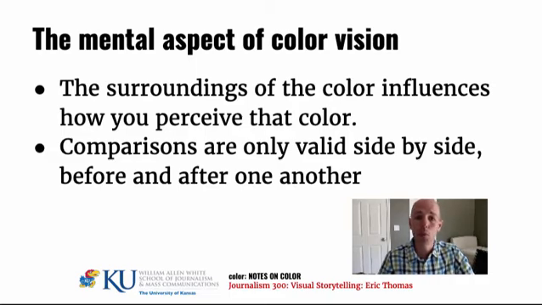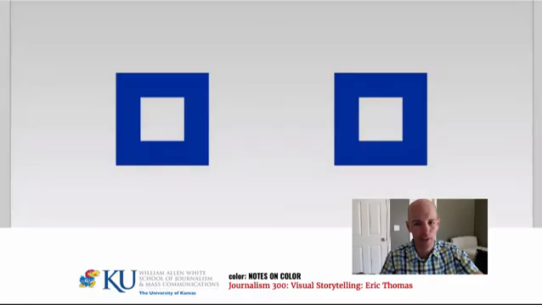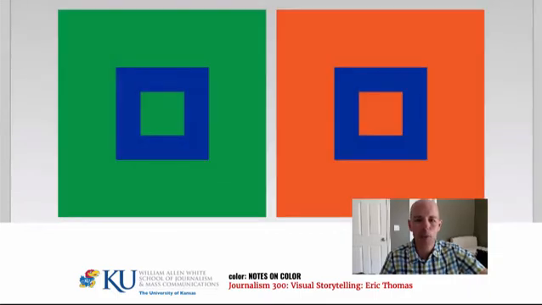Some of these can be really stark shifts, as we'll talk about in another lecture here, right? So when we're going to try to compare blues, we need to compare them side by side right after one another if we want to know that we're making a valid comparison, right? So if we look at these two squares of blue, we are going to see, yes, those are absolutely positively the same blue. There's no doubt about that, right? But when we take those exact same blues and we surround them with different colors, it influences what those blues look like.